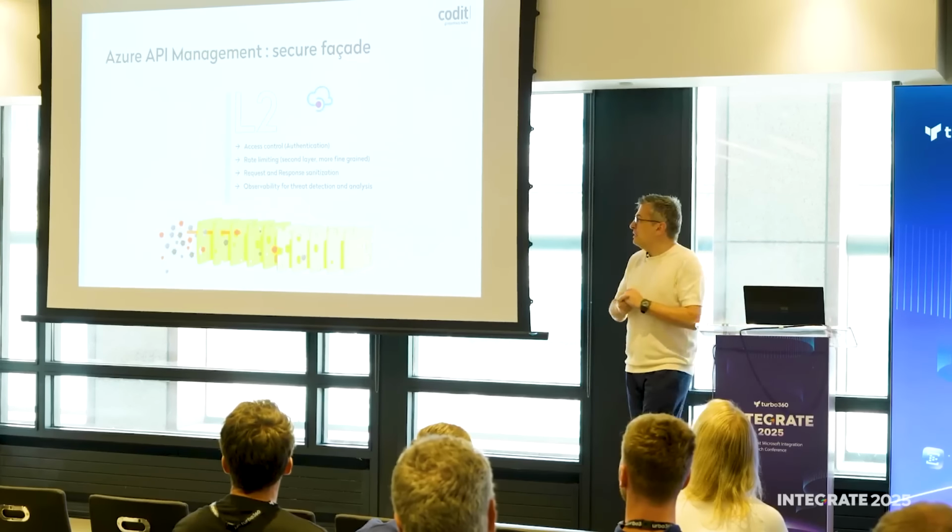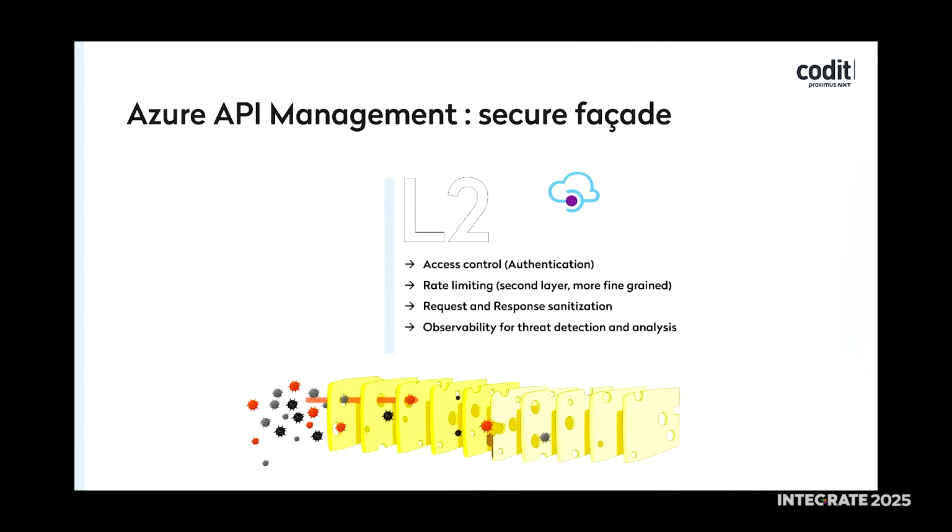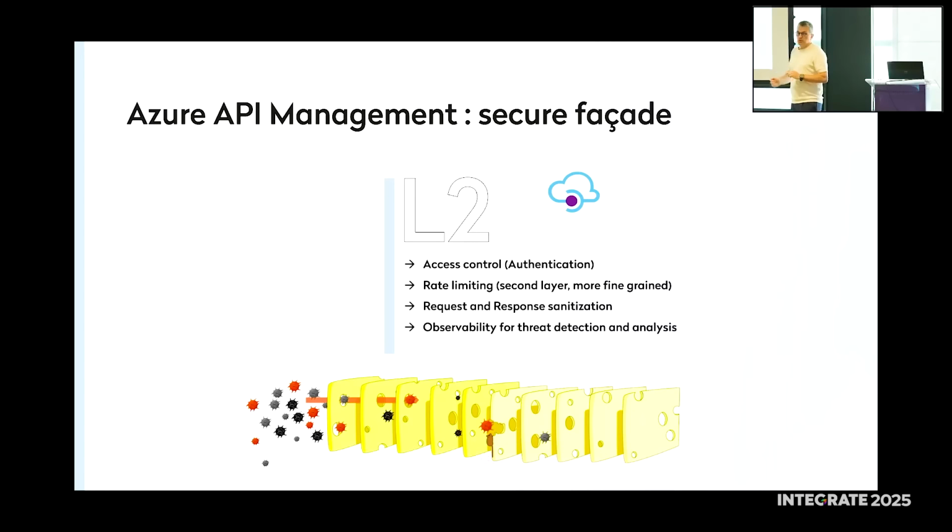Second layer is Azure API management, and here I understood that most of us are in the consultancy business. So classic access control, so authentication over there as soon as possible, rate limiting at a different level. So here I can put rate limiting on the single operation if I have some operations that are more critical than others, for example.